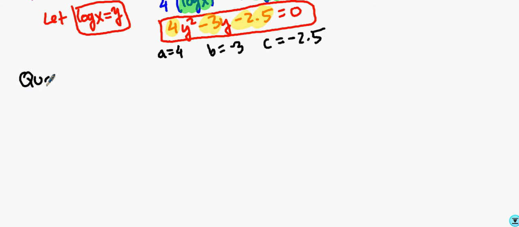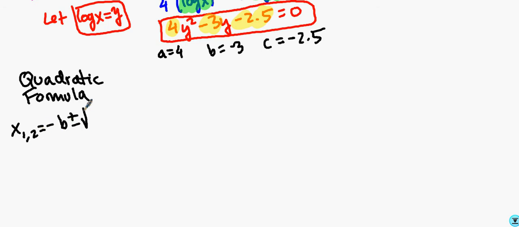So now the quadratic formula, in case you forgot it, says that x1 or x2 equals -b plus or minus the square root of b squared minus 4ac, all over 2a.